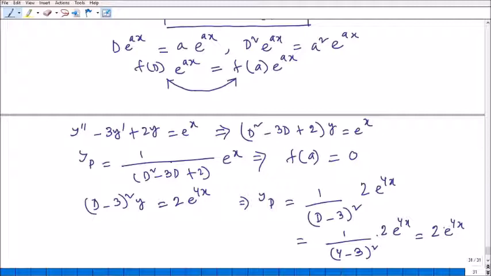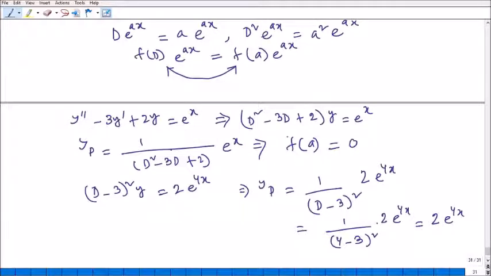So this is the result. The particular solution of this differential equation, this was example 1 and this is example 2, is equal to 2 into e to the power 4x.